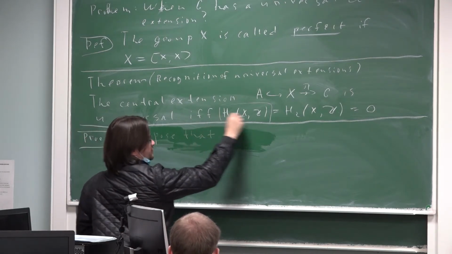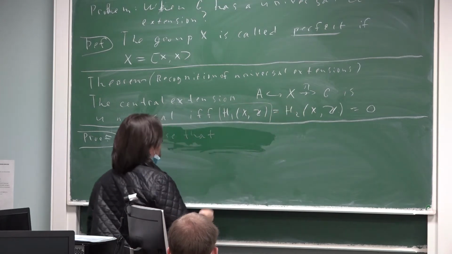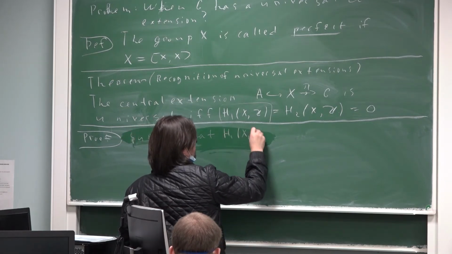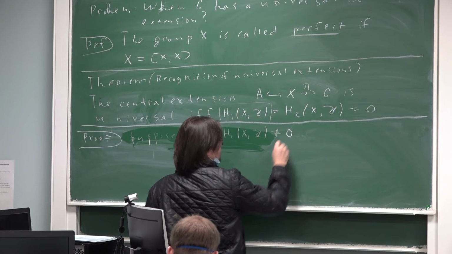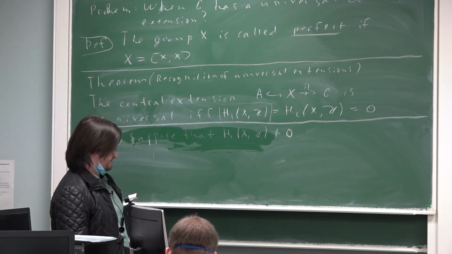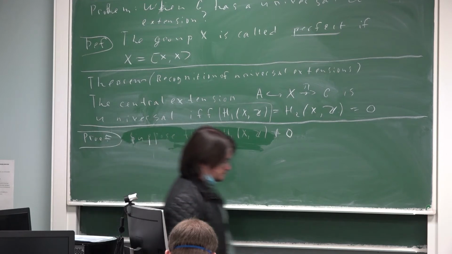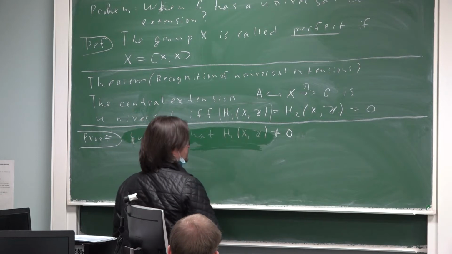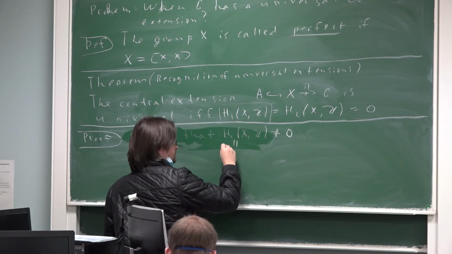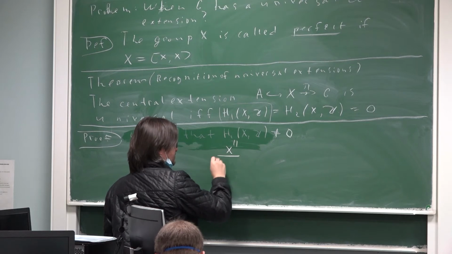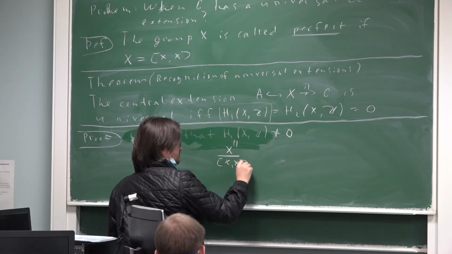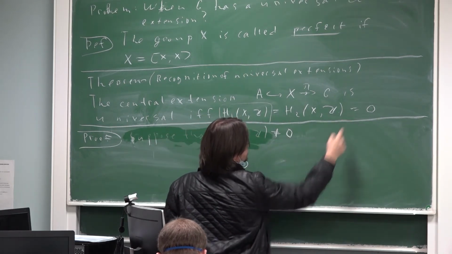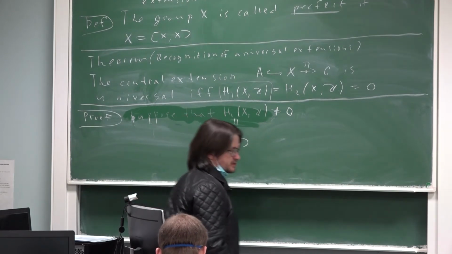We have shown before that the first homology of X with coefficients in Z is the abelianization of X. So in fact, the equality that the first homology is 0 is equivalent to saying that X is perfect.